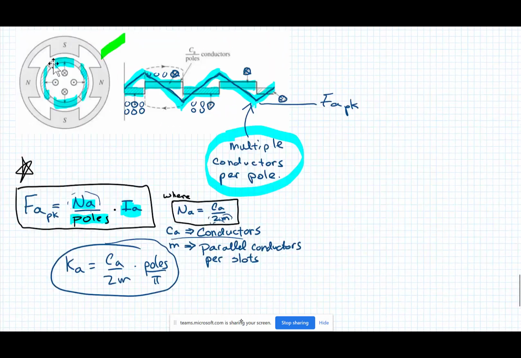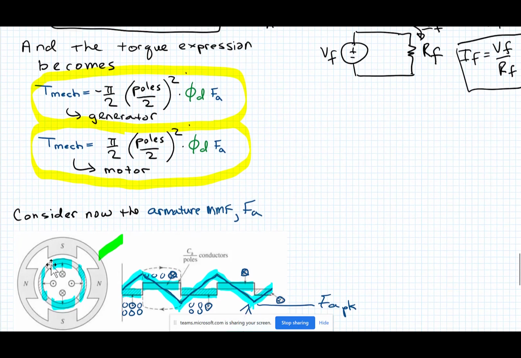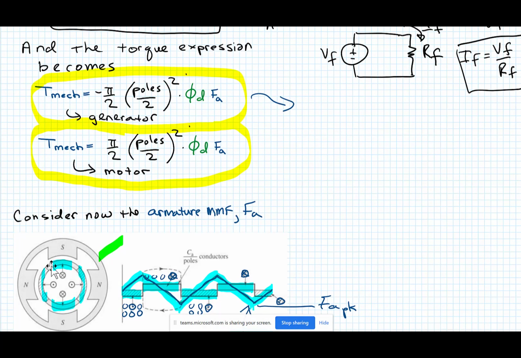So essentially what we've done is we've said this expression here now becomes negative Ka phi d Ia if it's a generator, and if it's a motor, it becomes positive Ka phi d Ia.